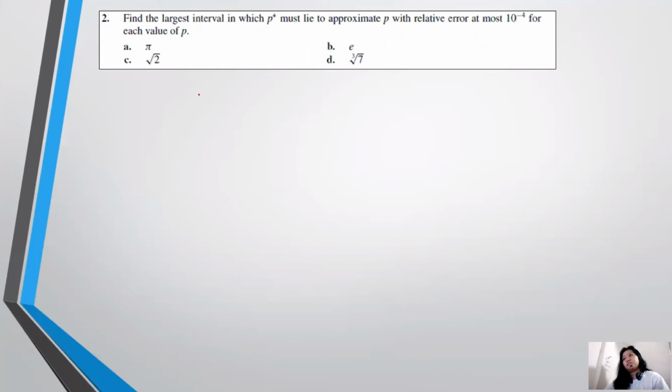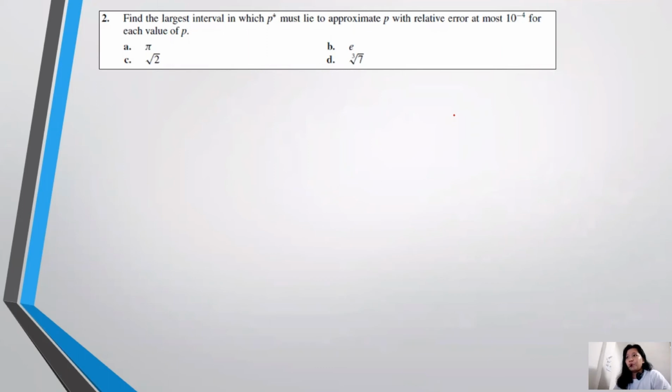Find the largest interval in which P to the power of asterisk must lie to approximate P with relative error at most 10 to the power of negative 4 for each value of P. So in number 2, we will be solving for the largest interval in which we have the relative error at most 10 to the power of negative 4.